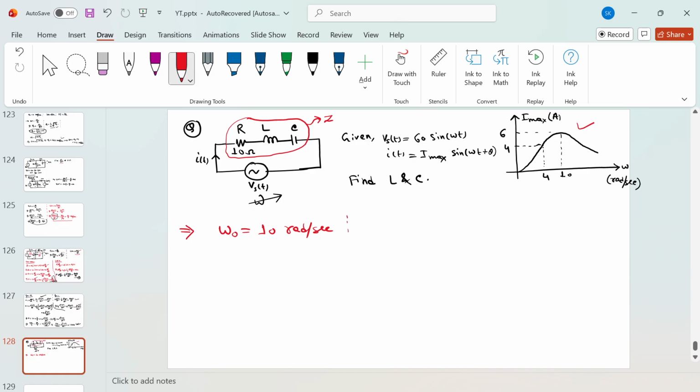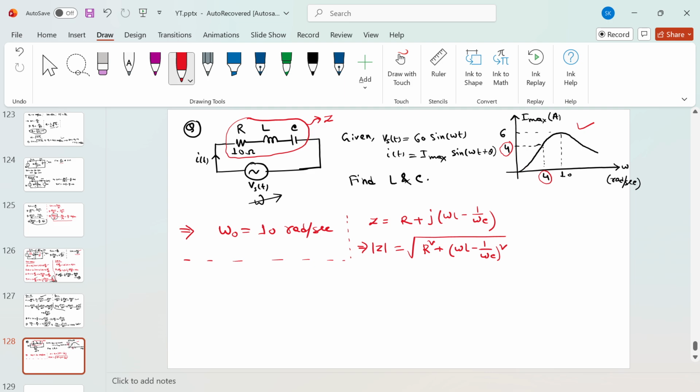And if you see the overall Z of the circuit at any frequency, that is R plus j omega L minus 1 by omega C, right? The modulus of this Z is simply the square root of R square plus omega L minus 1 by omega C whole square. Now, I know the maximum current is 4 ampere at 4 radian per second frequency.